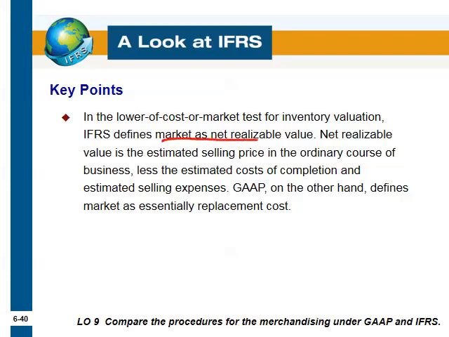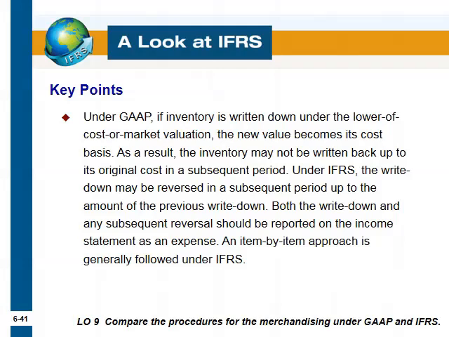IFRS defines market as net realizable value. And remember that GAAP defines market as replacement cost. So it's a different definition of market value. Here's another issue. Under lower of cost or market, we might be writing down our inventory. But under GAAP, you cannot write up a previous write down, but under IFRS you can.